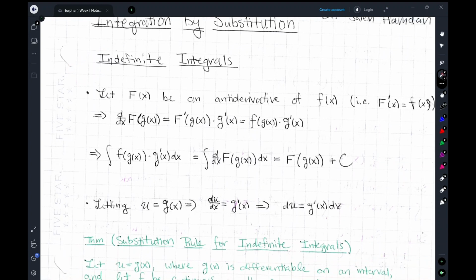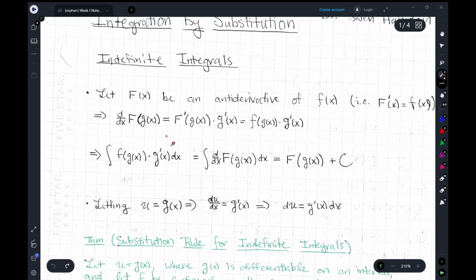Suppose you have capital F of x being an antiderivative of lowercase f of x. In other words, you take the derivative of capital F of x and you get lowercase f. Now, suppose we plug a function g of x into capital F of x and we take the derivative.